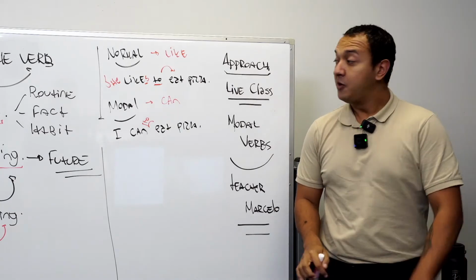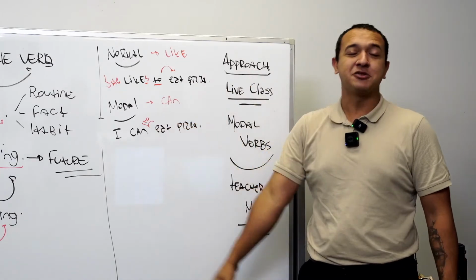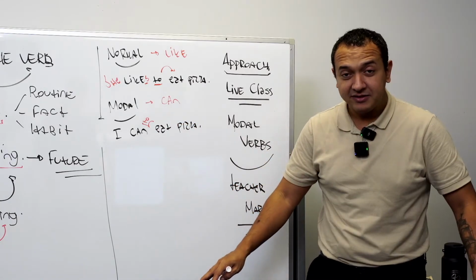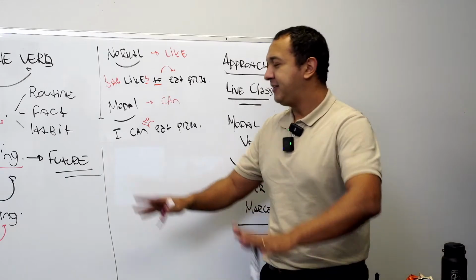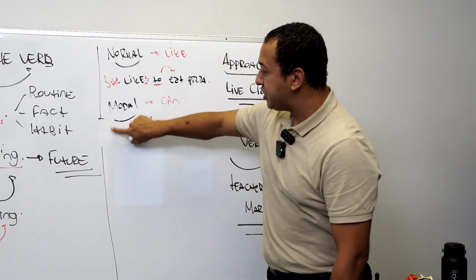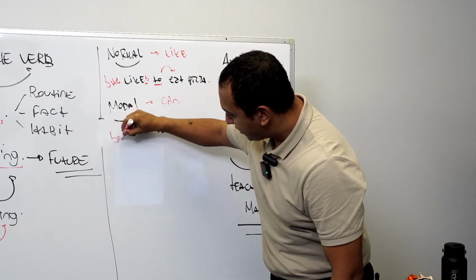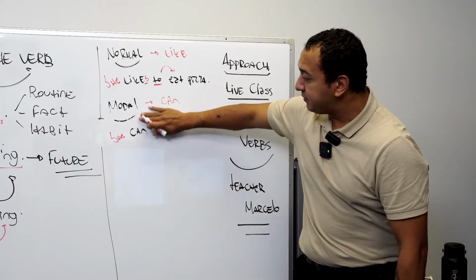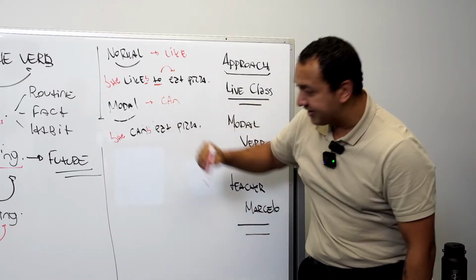However, with a modal verb, guess what? You don't need to conjugate. Thank God. It's very simple. Look, if I have the pronoun she here, it's not necessary for me to say she cans, like this.